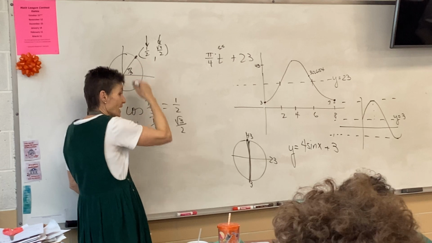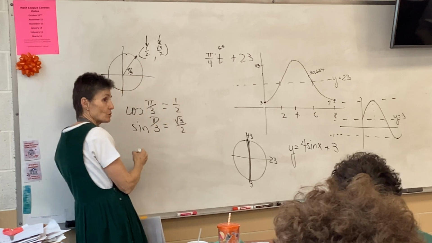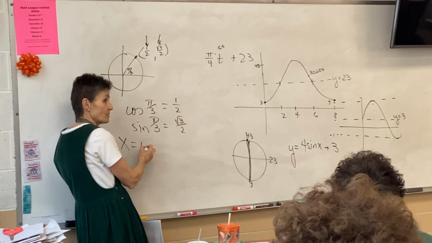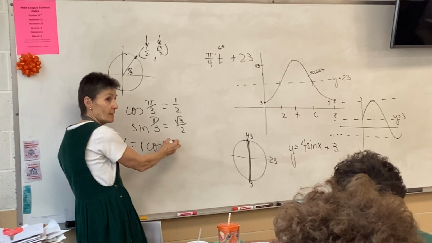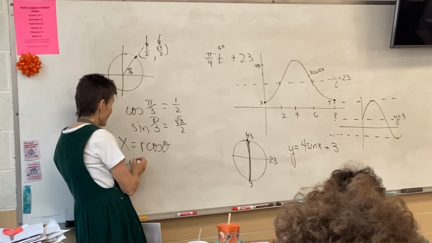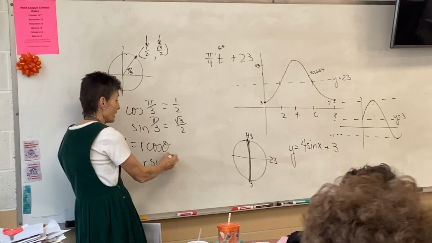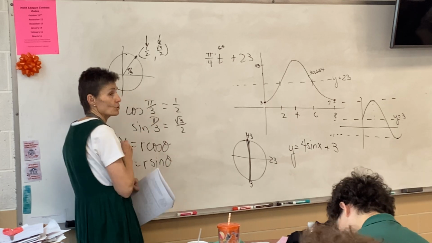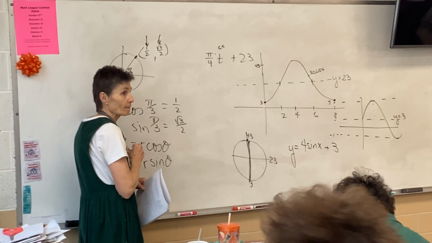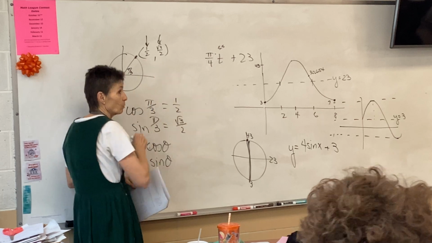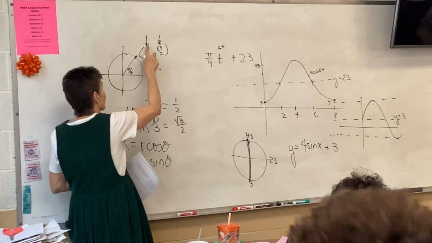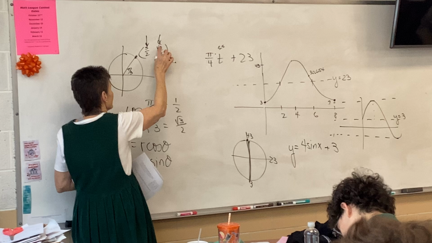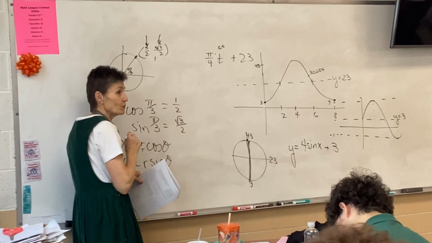Anybody remember what the x coordinate is when you're in a different circle? X equals r cosine theta, and y equals r sine theta. So on our bigger circle, what will the x and y coordinates be? 3/2 and 3 root 3 over 2.